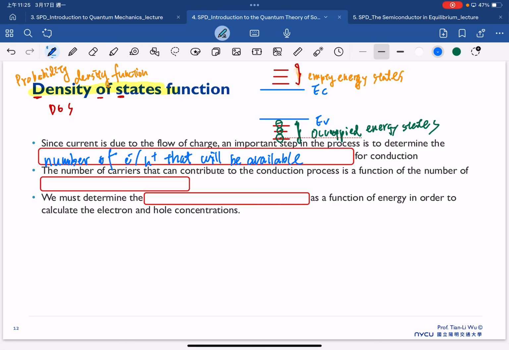So the next question becomes, how do we know how many charges are available? How do we determine the number of electrons that are available for conduction? So that's our question. The number of carriers that can contribute to the conduction process is a function of the number of available energy or quantum states.